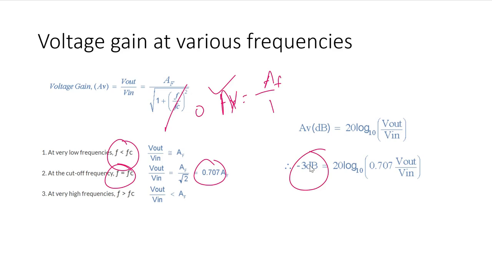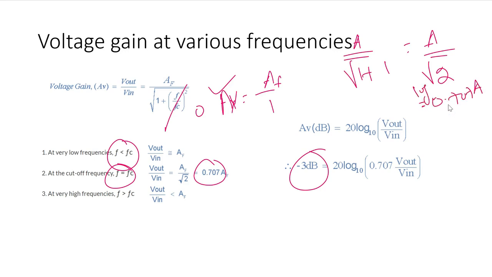This can be calculated: when F is equal to FC, this will be x by x, and x by x is 1, so A divided by root of 1 plus 1, which is A divided by root 2. That is 0.707A, and if we take the log of this, we get minus 3 dB. That's why we say that minus 3 dB is also known as the half power bandwidth, because at this particular frequency the power becomes half.